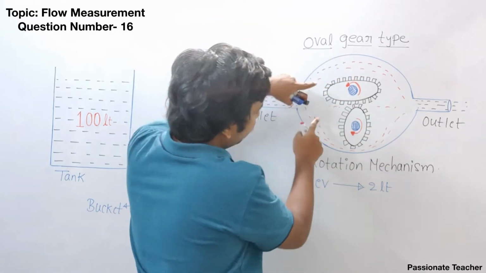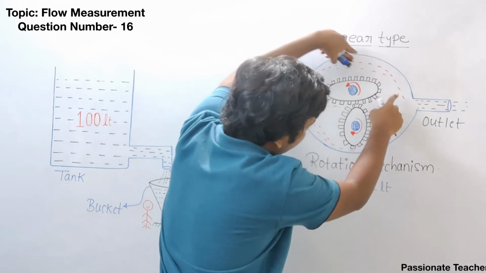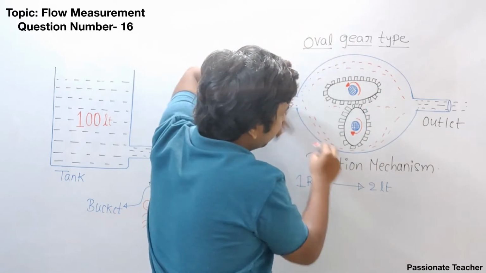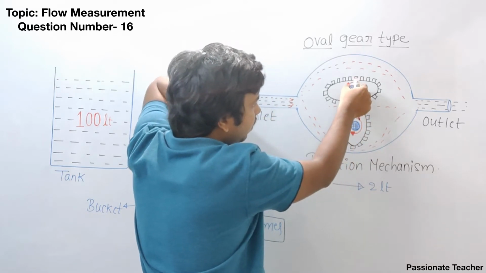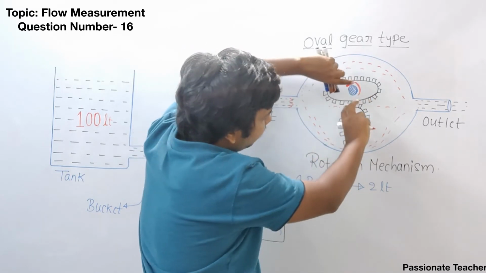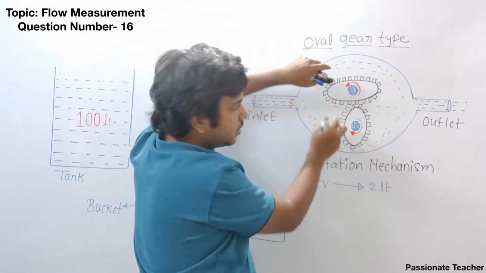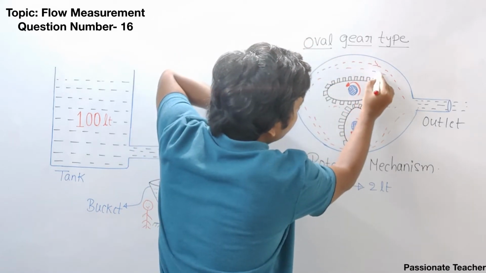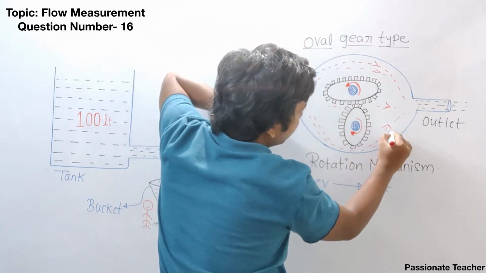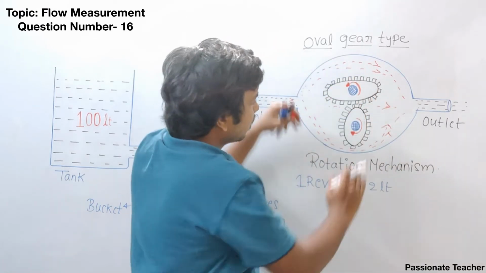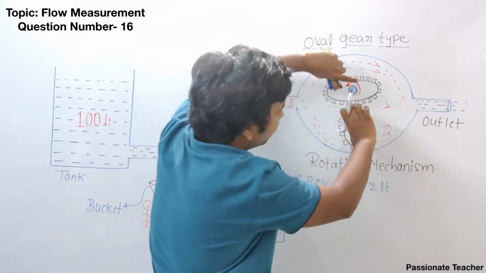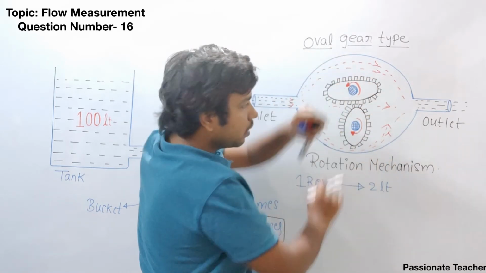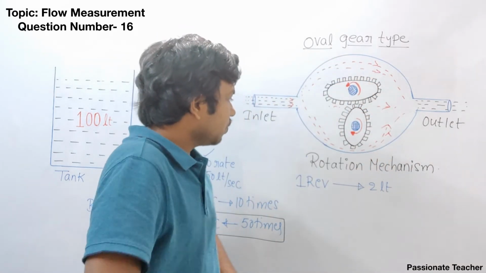Now when the fluid occupies exactly the gaps, naturally this wheel will rotate clockwise and this wheel will rotate anti-clockwise. When they are rotating in opposite directions, this fluid will be sent to the outlet. Just imagine it in a 3-dimensional figure: the fluid coming through the inlet goes to the outlet when these wheels are rotating. Clear?